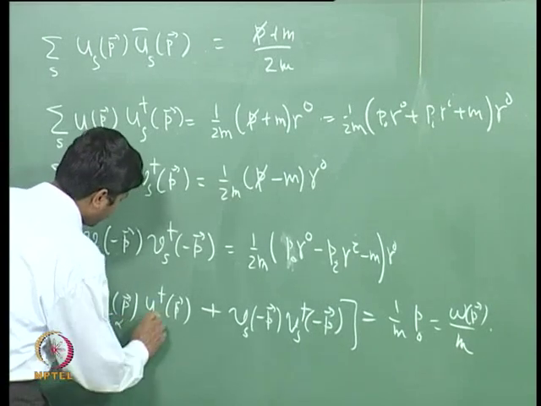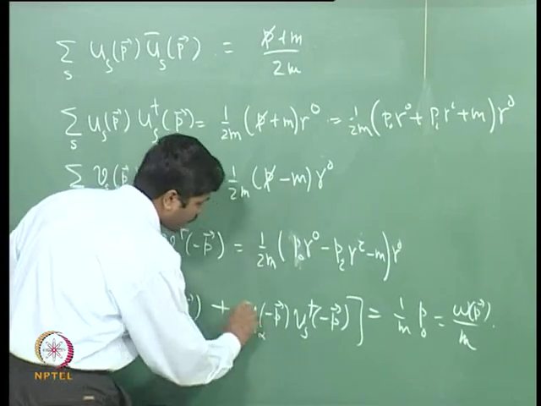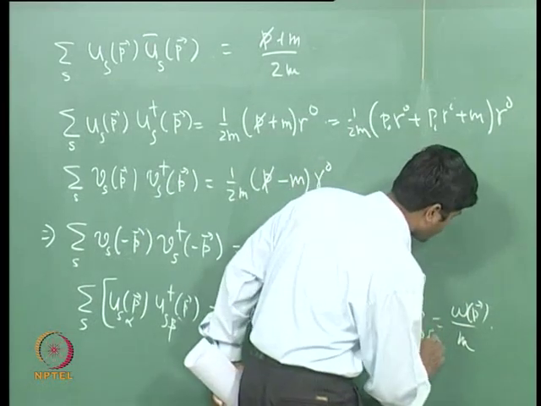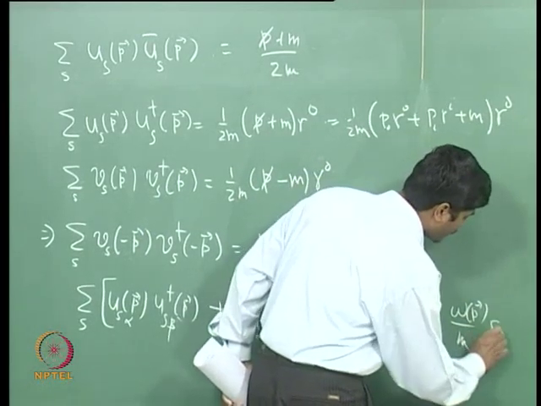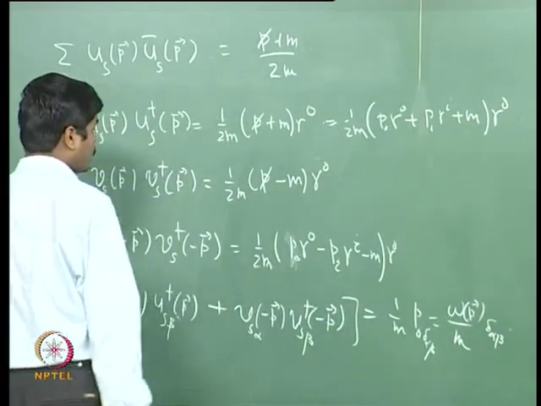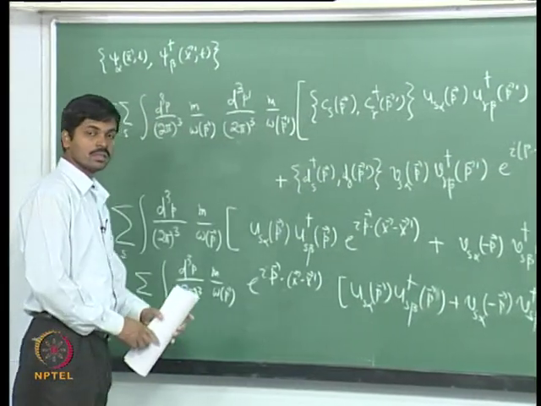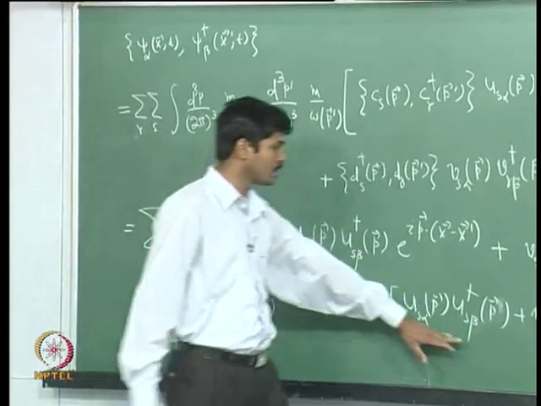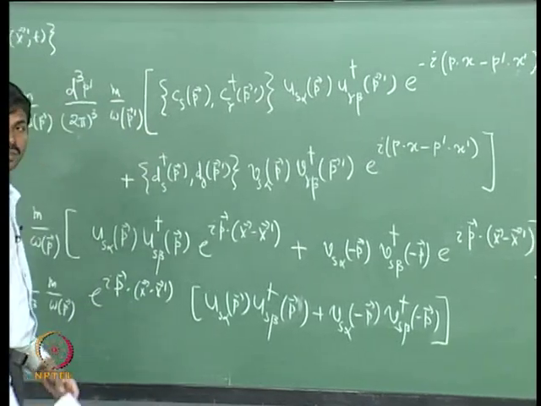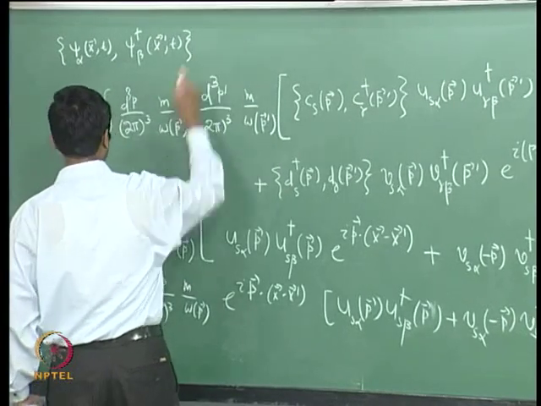If you want to put the alpha, beta, etc., then this is just delta alpha beta. So, u_s alpha, u_s dagger beta and v_s alpha of minus p, v_s dagger beta of minus p is simply given by this times delta alpha beta. So, what we have seen here is after doing all this calculation, this thing inside the square bracket is nothing but omega over m delta alpha beta. So, let us substitute that here.